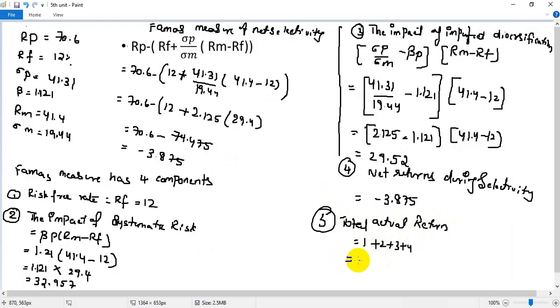So it will be 12 plus 32.957, the second step answer, plus 29.52, plus the fourth step. It is a minus answer, so we are going to write it as minus only.